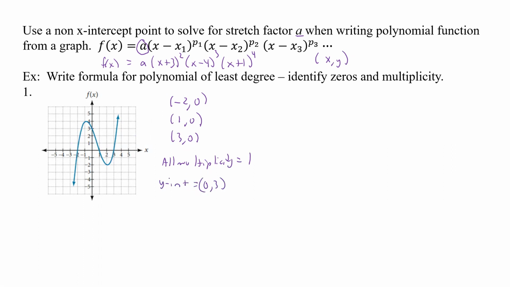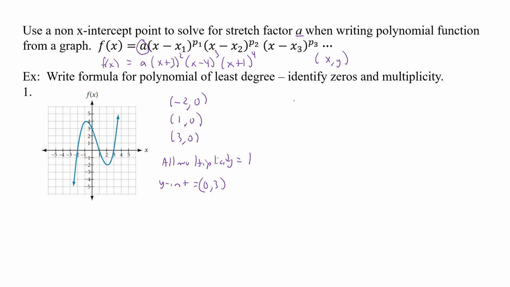Sometimes when you want to solve for a, the y-intercept is a good one to have, because if we plug in 0 for x, there's a little less work to do. So anytime they give you a point nicely crossing the y-axis, and you can say, okay, that's 0, 3, that's what I would use.